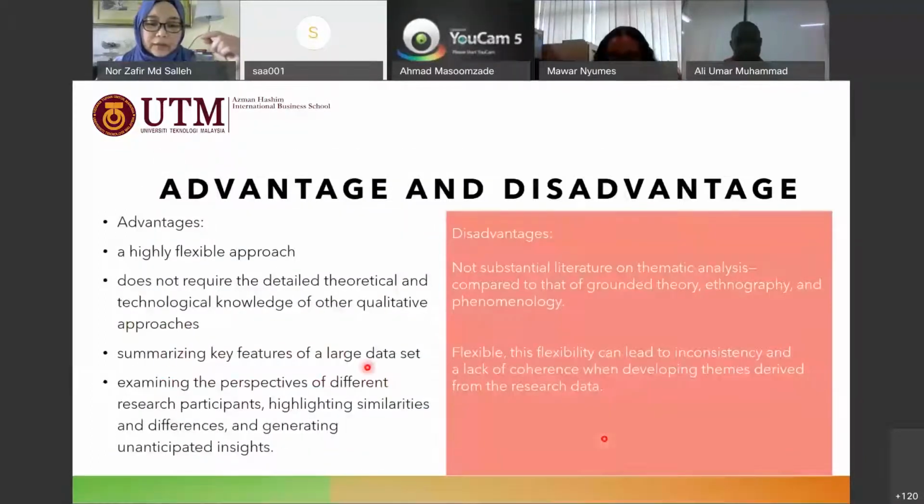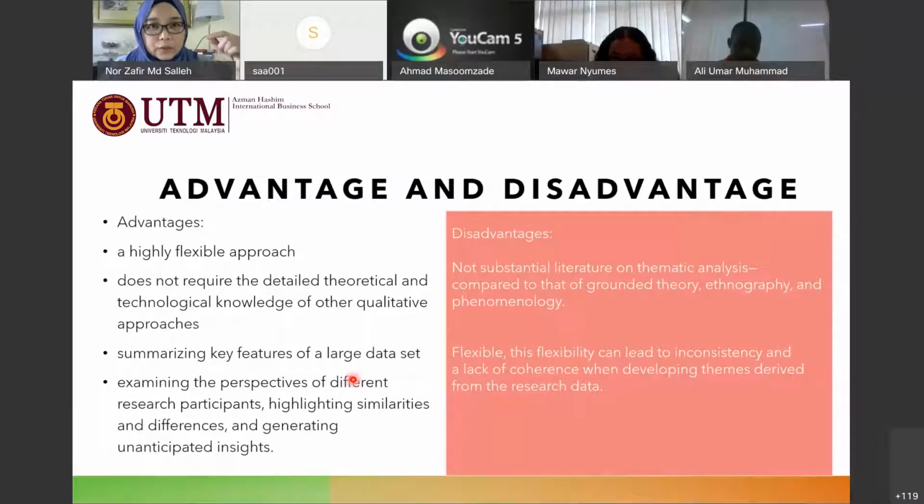So the advantages of thematic analysis include: it is a highly flexible approach, which means it doesn't really rely on a theory, and it doesn't involve technical terms used in qualitative research. It doesn't require detailed theoretical and technological knowledge. It summarizes the key features of a large data set.